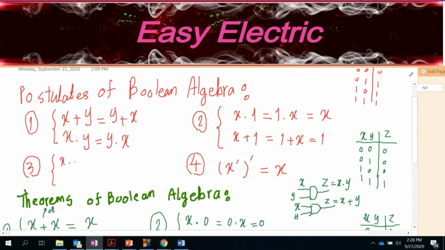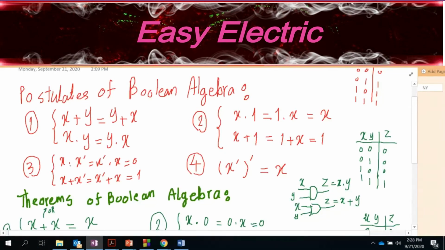So it should be x times x prime equal to x prime dot x equal to 0, and x plus x prime is x prime plus x is actually 1. Okay, for us it doesn't matter whether it's a postulate or theorem. You need to know these are what we have in Boolean algebra.